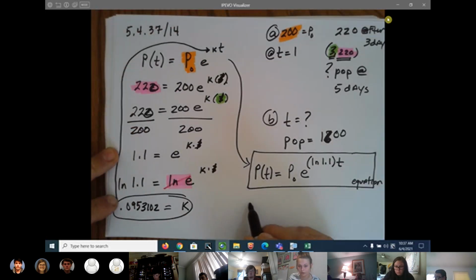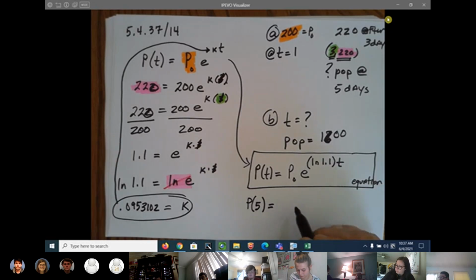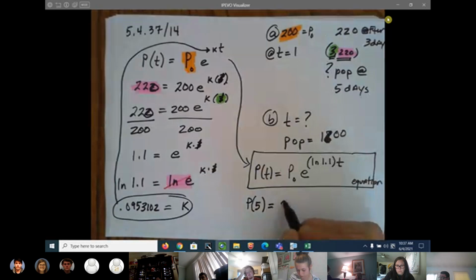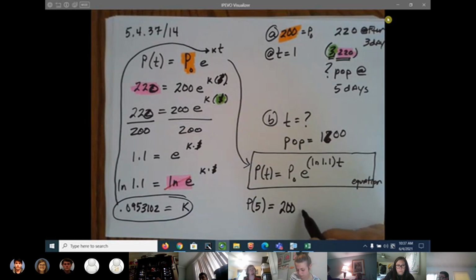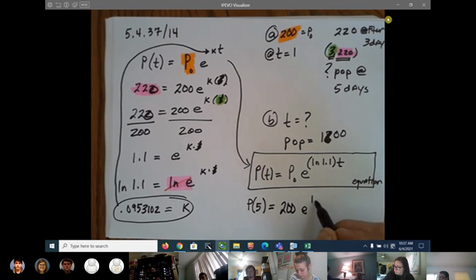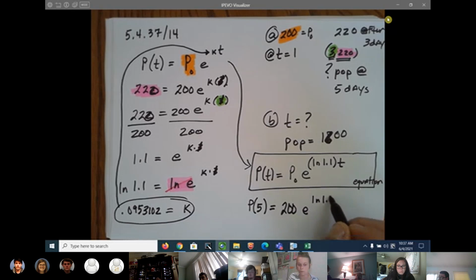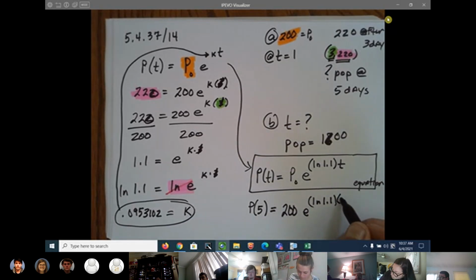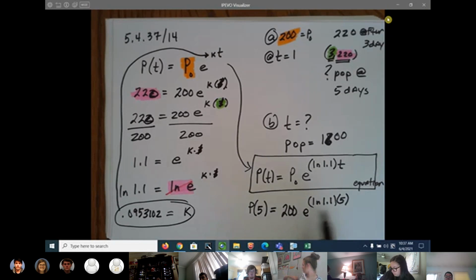All right, so P of 5 is equal to P of 0, in this case 200, e to the natural log of 1.1 times 5, and crank this out with your calculator.